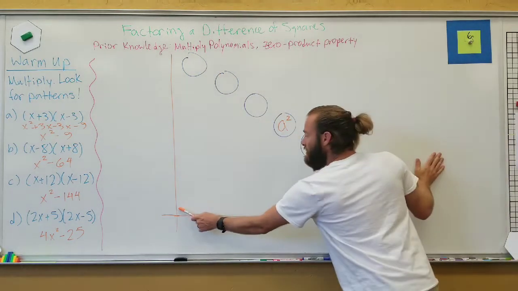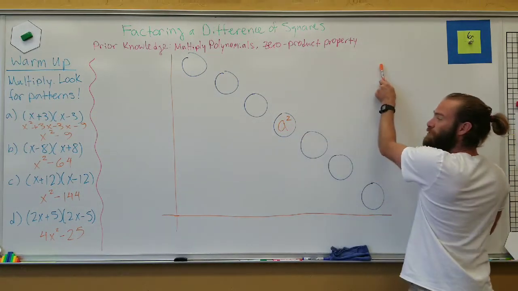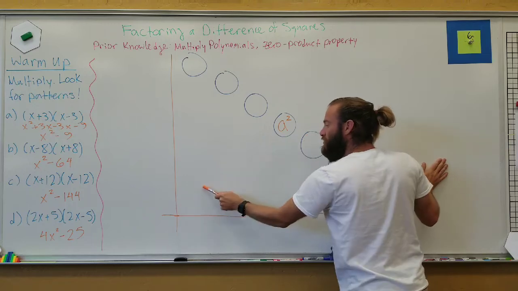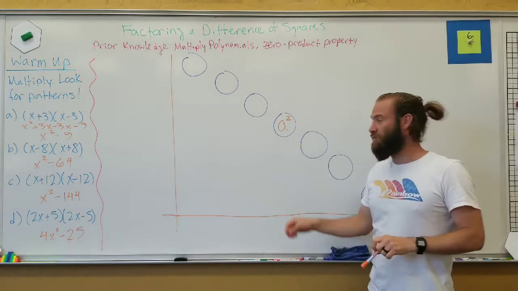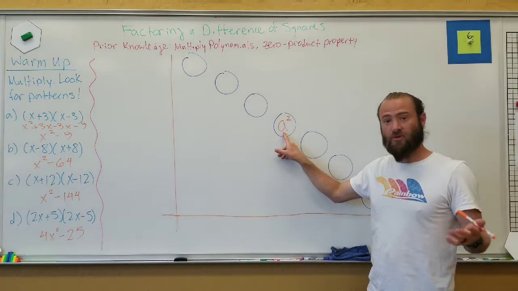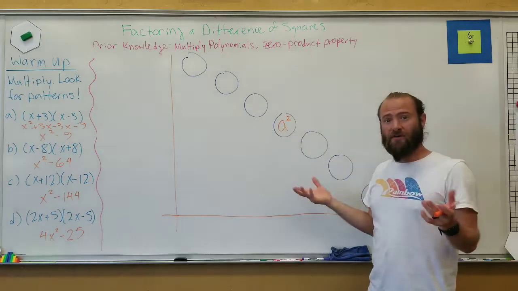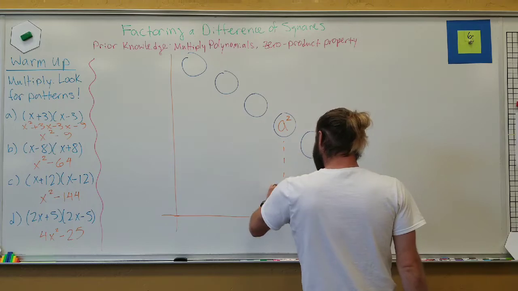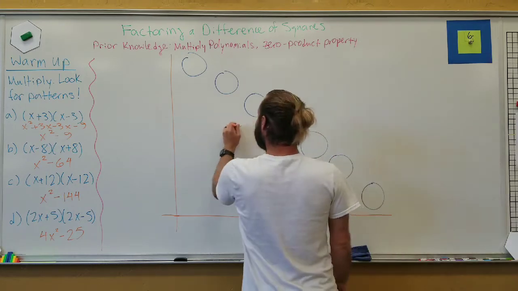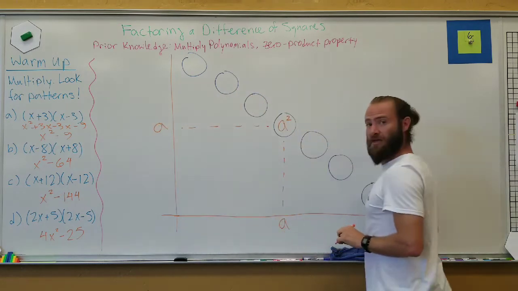Now if you remember, this diagonal is what contains all the perfect squares. So 1 squared, 2 squared, 3 squared, 4 squared, and so on. And we'll just call this a squared. So it could be 6 squared, which is 36, or whatever, but we're going to leave it as a. Now I want you guys to remember something. This came from a times a, right?